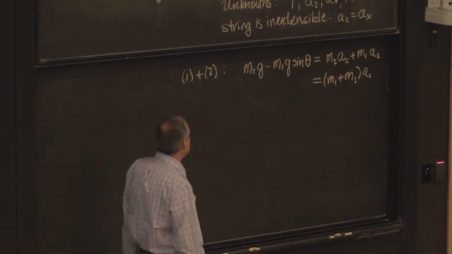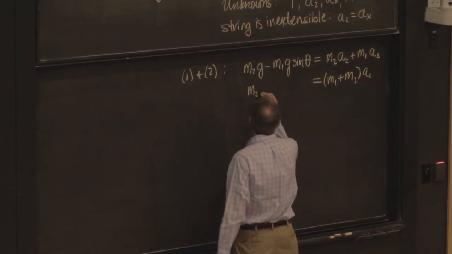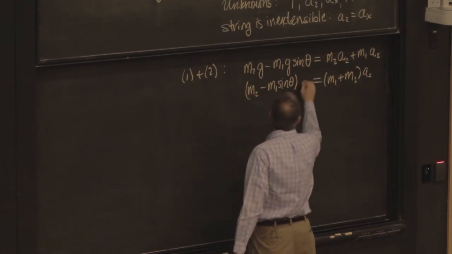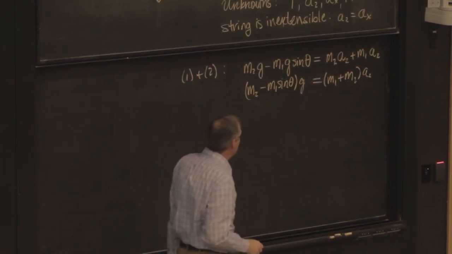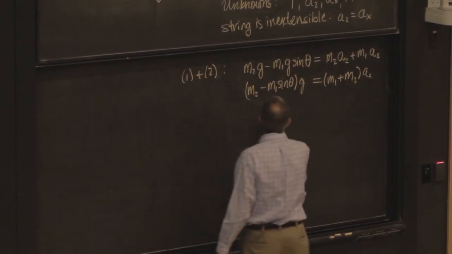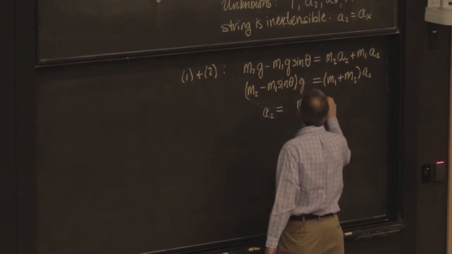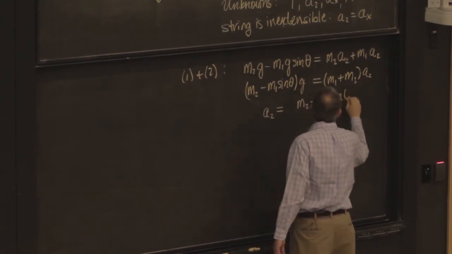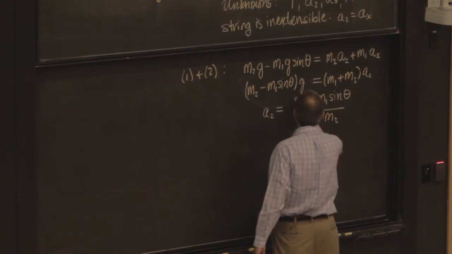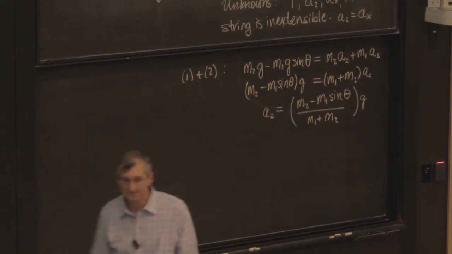The left-hand side, I could factor out a common factor of g, so I have M2 minus M1 sine theta, times g. And dividing through by the sum of the masses, I get that the acceleration A2 is equal to M2 minus M1 sine theta over M1 plus M2, all of that times the acceleration due to gravity.